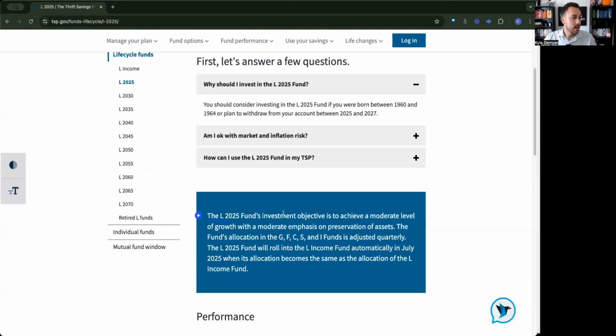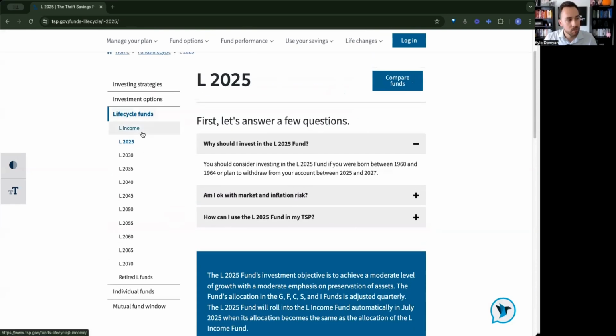So the L 2025 fund's investment objective is to achieve a moderate level of growth with a moderate emphasis on preservation of assets. The G, F, C, S, and I funds are adjusted quarterly. The L 2025 fund will roll into the L Income fund automatically in July of this year, 2025, when its allocation becomes the same as the allocation of the L Income fund.